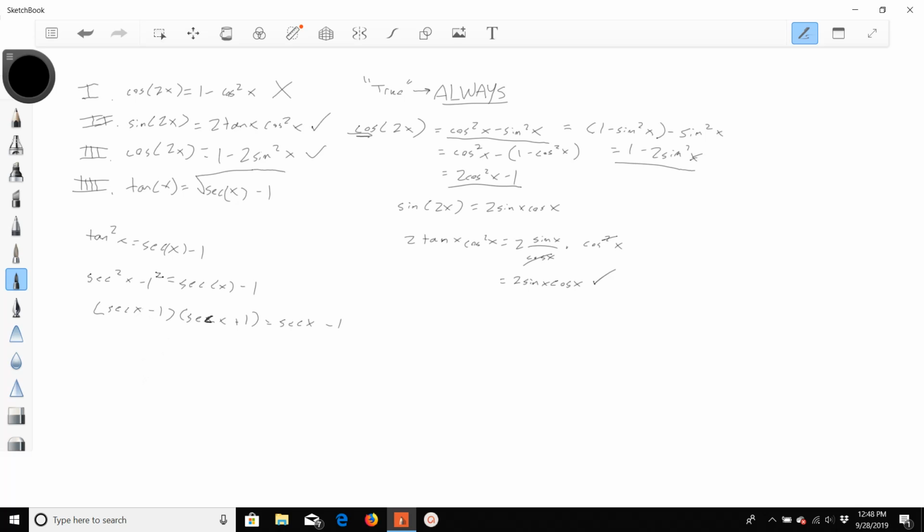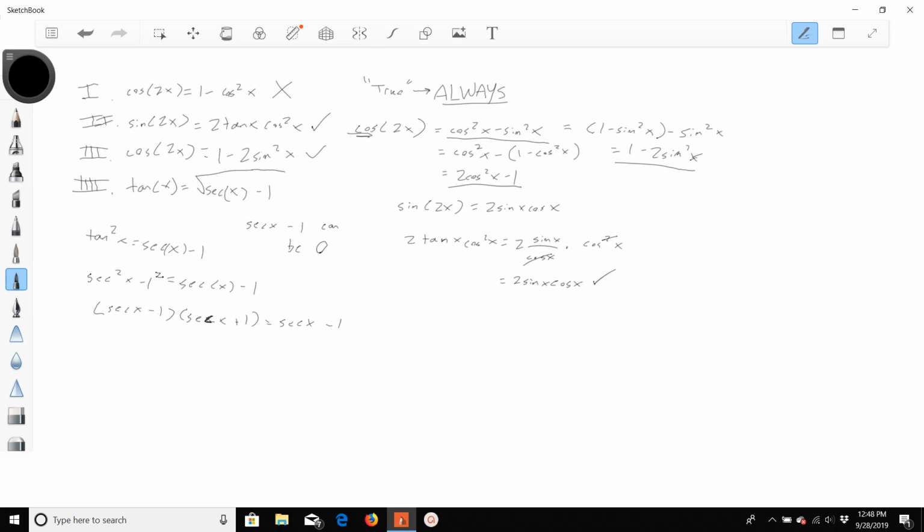Now, traditionally, secant of x has a value of x that makes it equal to 1. In other words, it is true that secant of x minus 1 can be 0 for a particular value of x.